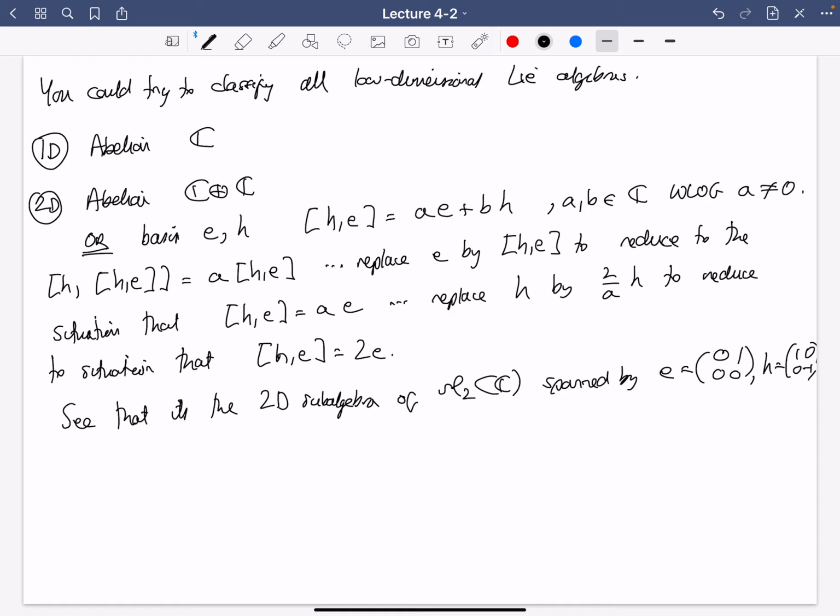It's kind of the upper triangular matrices in the Lie algebra SL2. This is a two-dimensional solvable Lie algebra. The derived subalgebra is just that is spanned by E, but the center of this Lie algebra is trivial. It's not nilpotent.